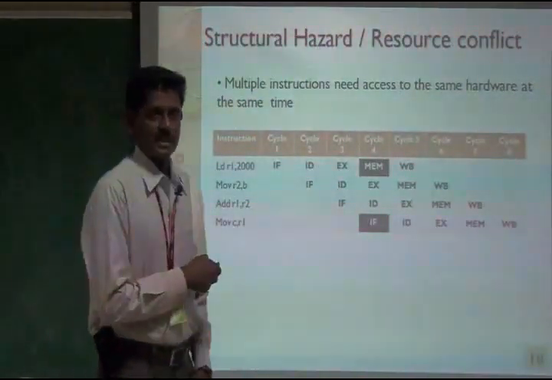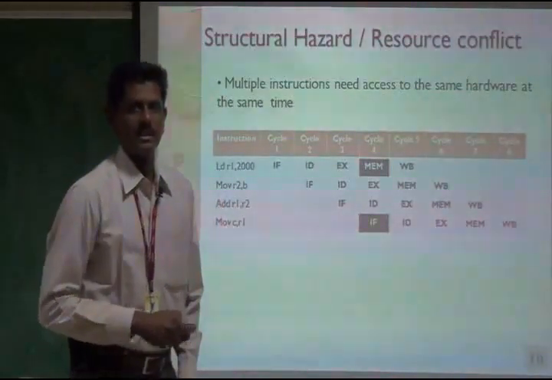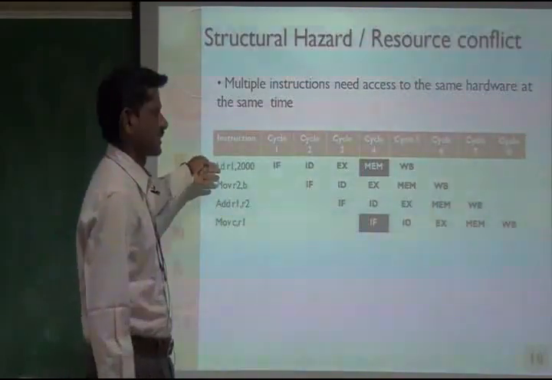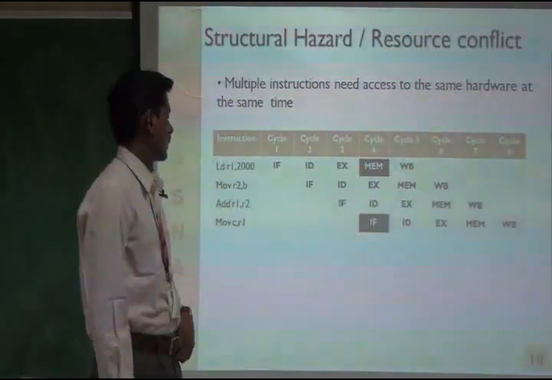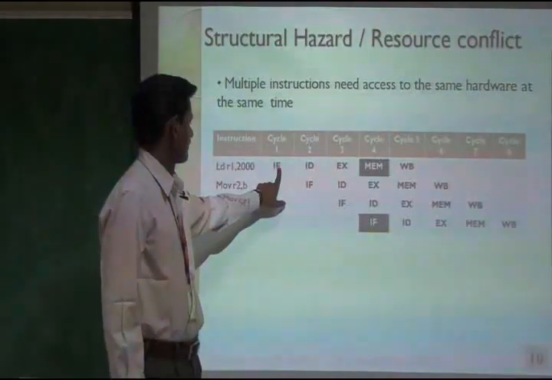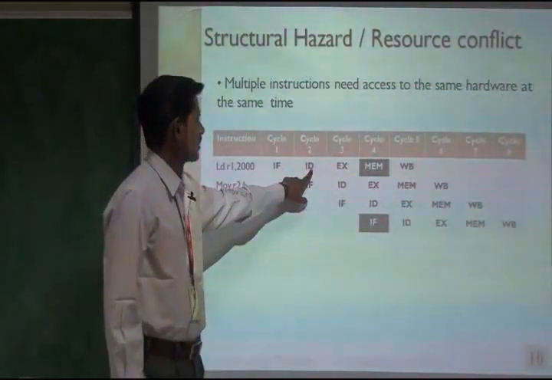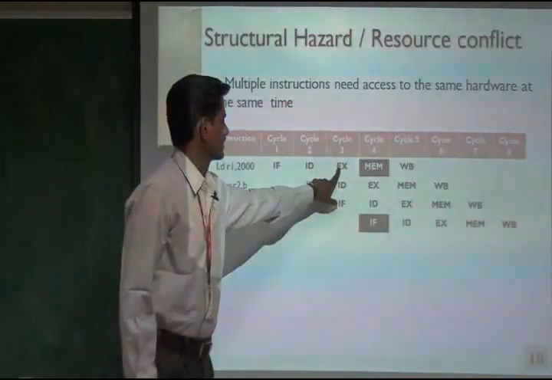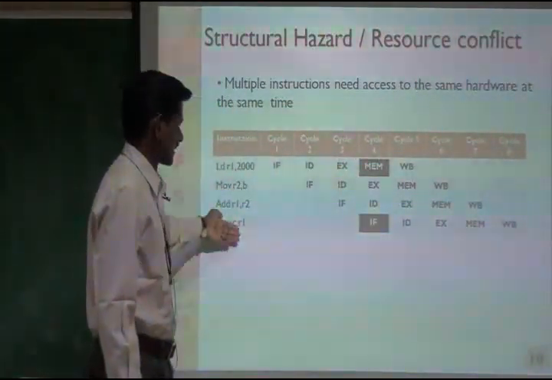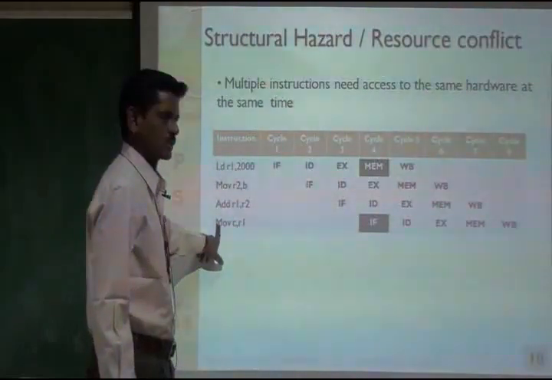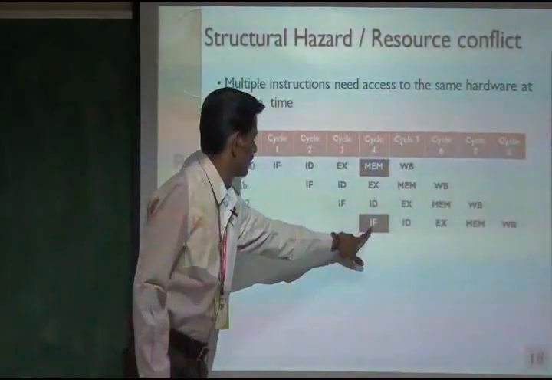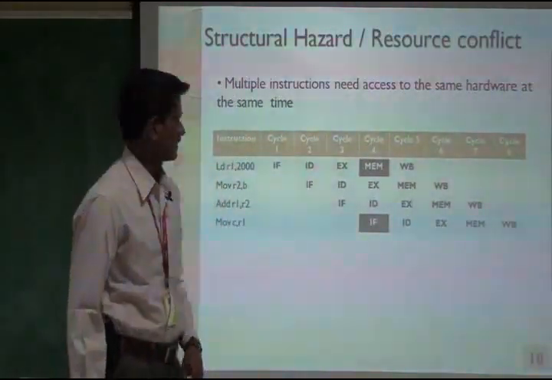The first one, structural hazard, otherwise called resource conflict. So look at the code. The first instruction, a memory reference instruction, load, right? It starts the execution: fetch the instruction, decode the instruction, execute, then the memory operation. Similarly all other instructions. Look at the fourth one, it starts the fetch operation in clock cycle 4, right?